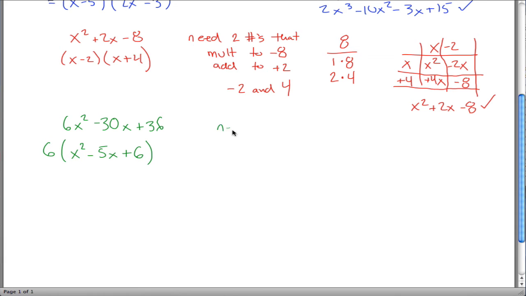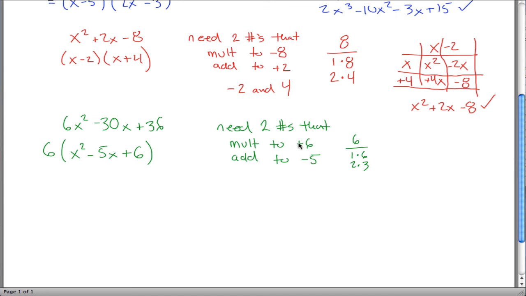To factor it, we need two numbers that, see, they'd have to multiply to positive 6 and add to negative 5. And I could figure that out. Let's see, the numbers that multiply to 6 are 1 times 6 or 2 times 3.